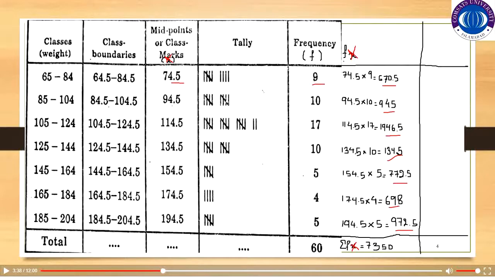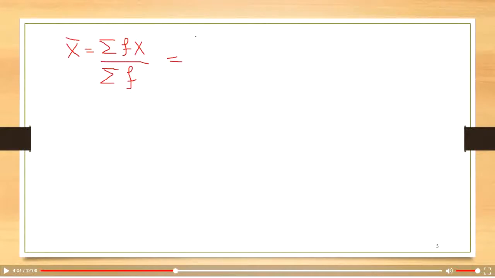First, we have constructed the column of fx by multiplying midpoint with its corresponding frequency, and then adding or taking the summation of these products, we get summation fx. That is 7350.